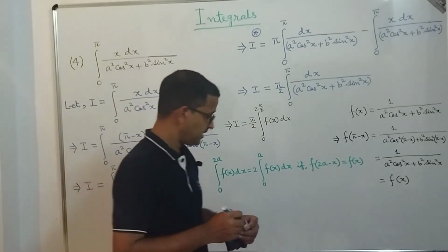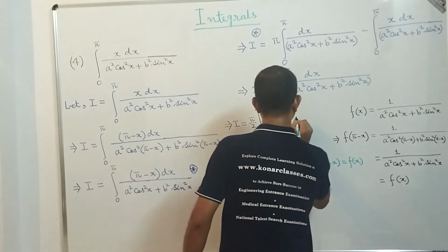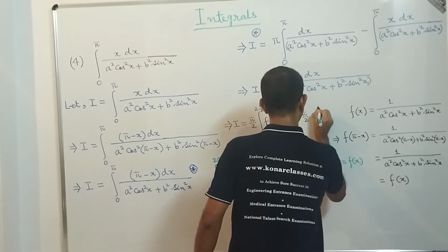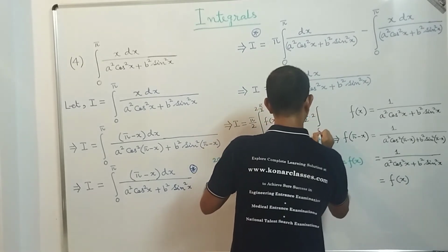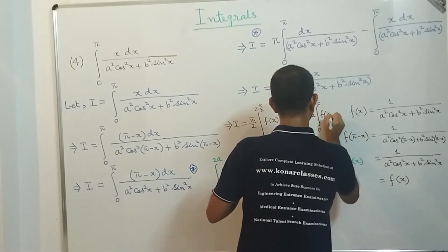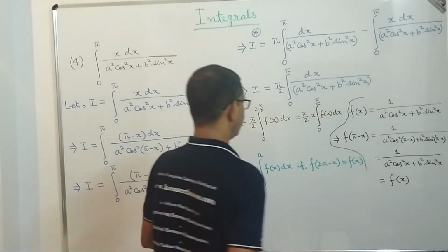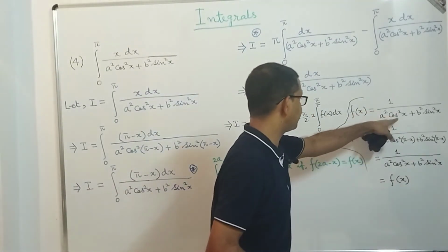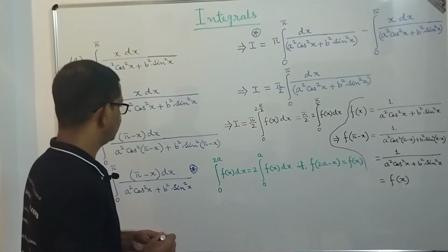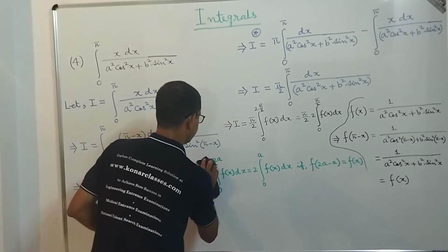So we can write this is equal to pi by 2 into 2 integration 0 to pi by 2 fx dx, correct? So here fx is equal to 1 by a square cos square x plus b square sin square x. Correct or not? So let me continue here.